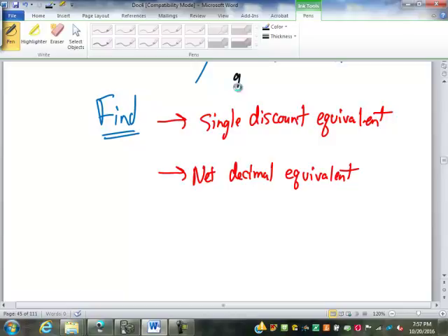Again, this is if you have a discount like 9, 12, 4. You'll find each of those off of that discount.